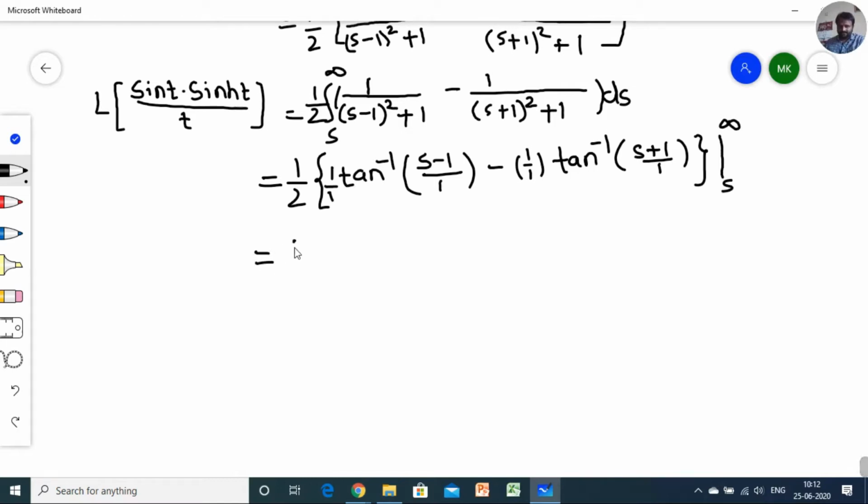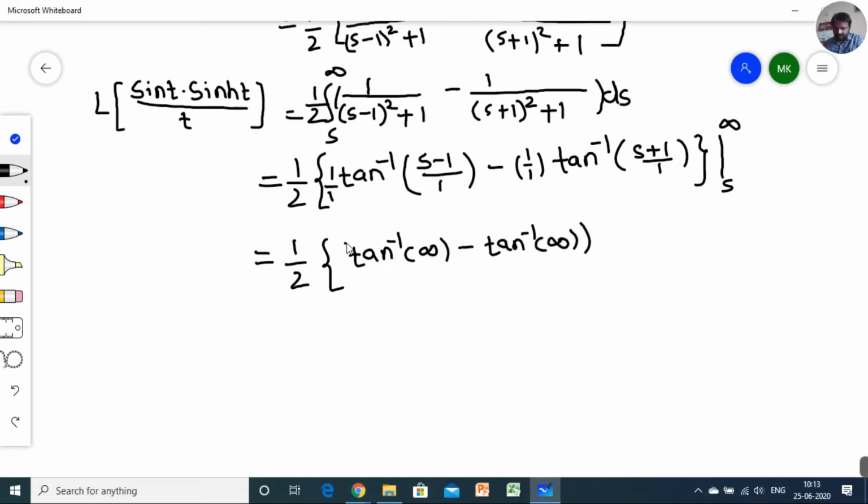While substituting the upper limit, 1 by 2 as it is, this part will be treated as infinity, and tan inverse of infinity, yesterday we saw in one question, tan inverse of infinity is pi by 2, that is 90 degrees. So pi by 2 minus pi by 2 will become 0. Please try to understand, or I can show here: tan inverse of infinity minus tan inverse of infinity.